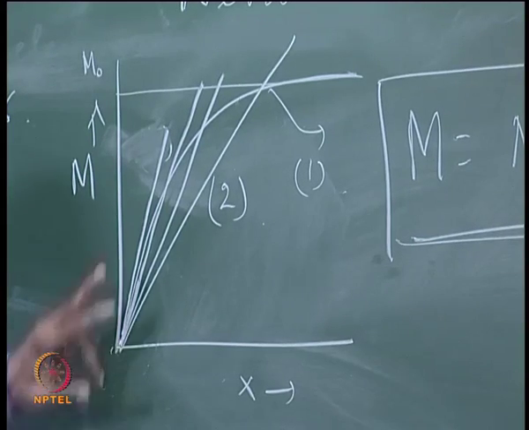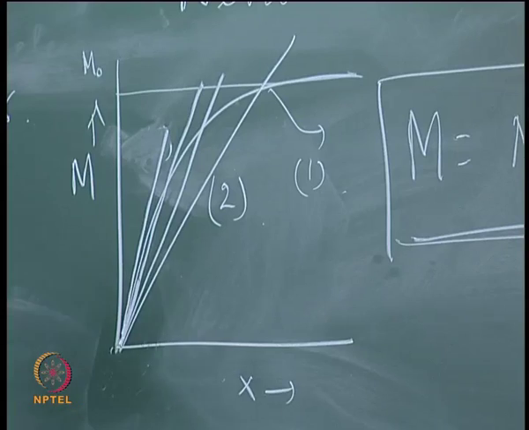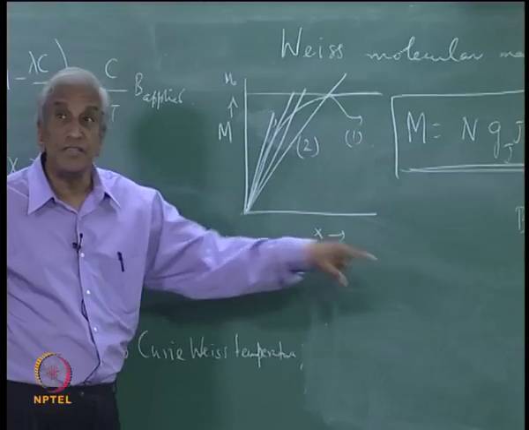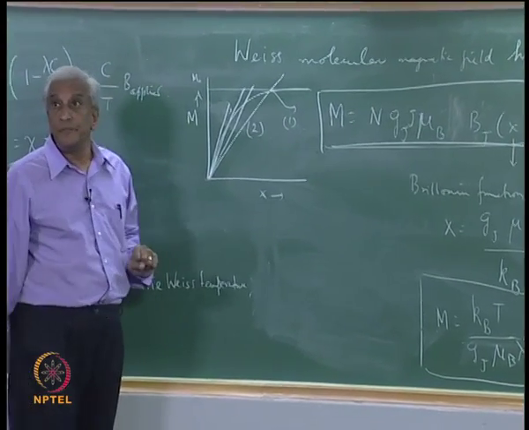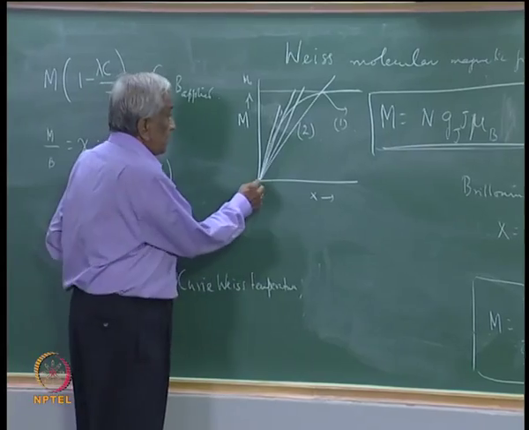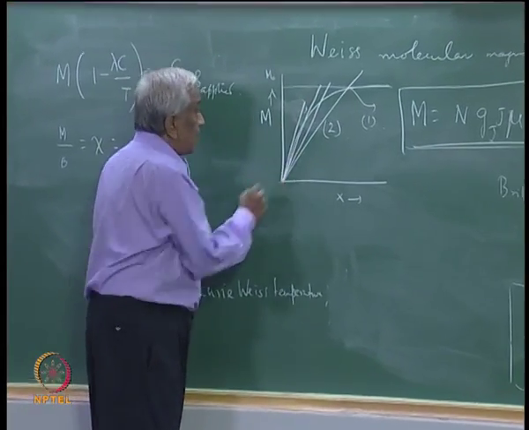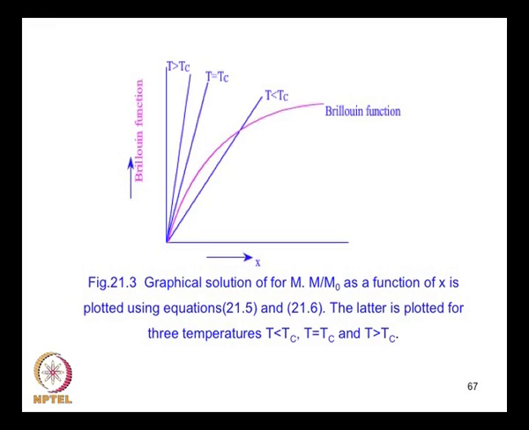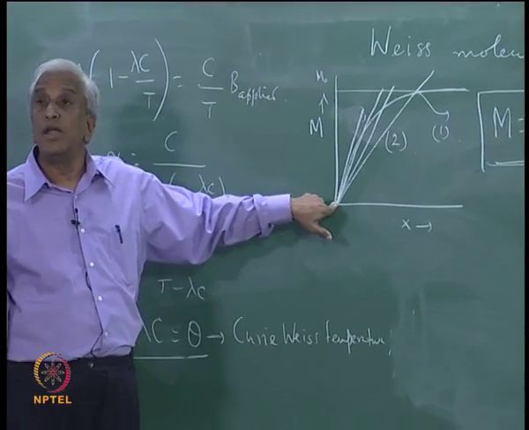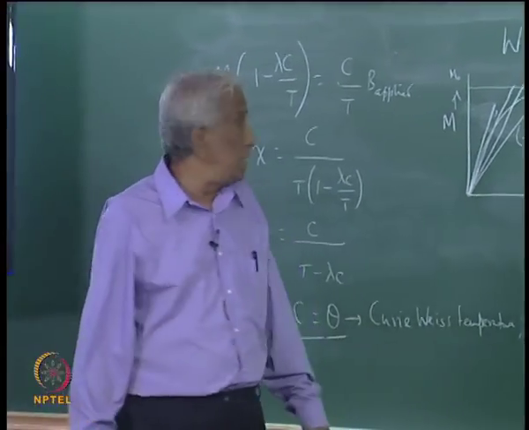So, a simultaneous solution of 1 and 2 is not possible for values of the temperature which go beyond this. The straight line is just tangential at the origin to the Brillouin function graph at the transition temperature. This point is defined as the point at which the transition takes place.